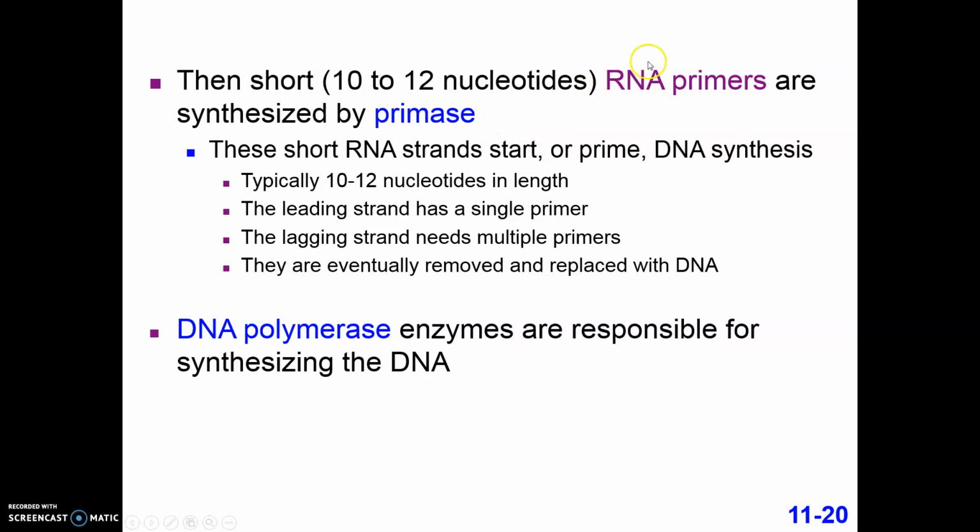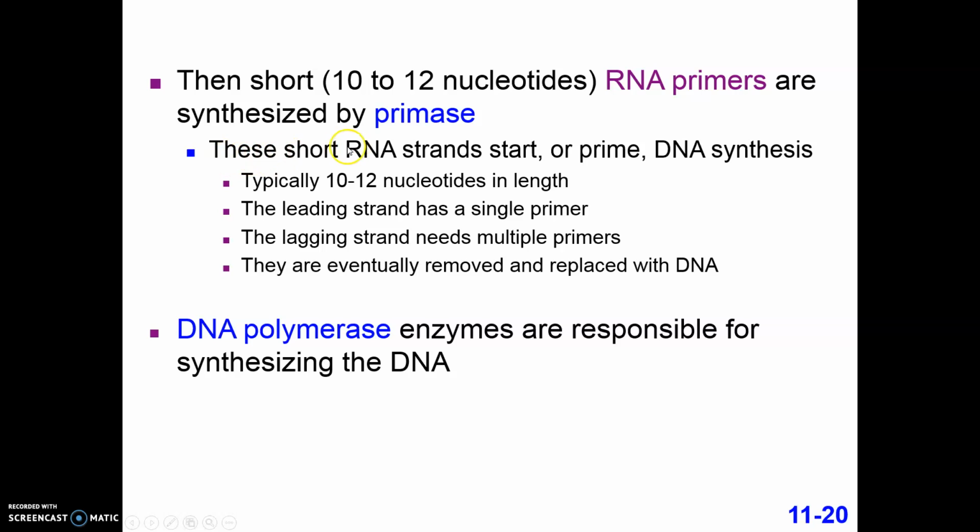Since it acts as a start position, we'll refer to these as RNA primers. There are no proteins available to take a naked strand of DNA and just start adding in actual DNA. Only RNA can be laid down initially. And we'll go into detail about that later.